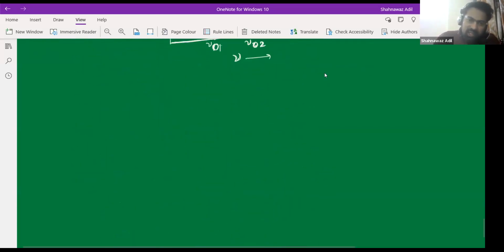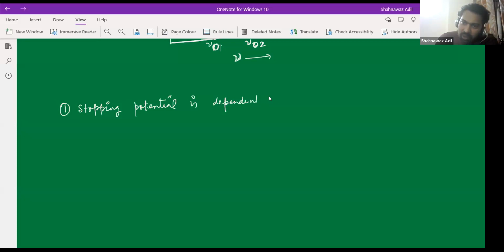So what we can say? We can say that stopping potential is dependent on the frequencies of the incoming radiation, right?